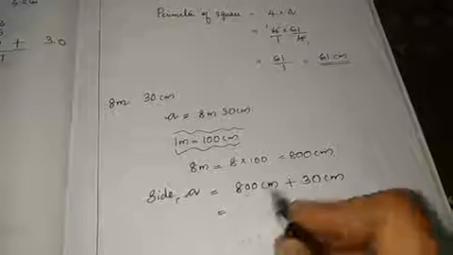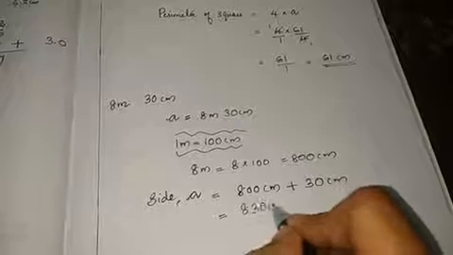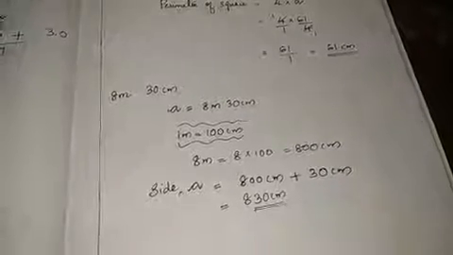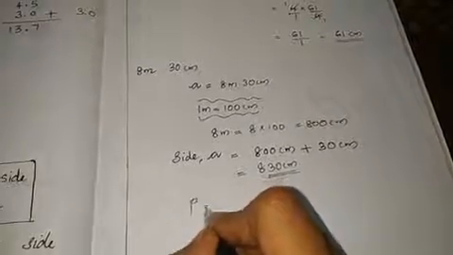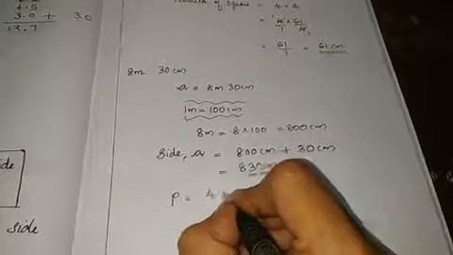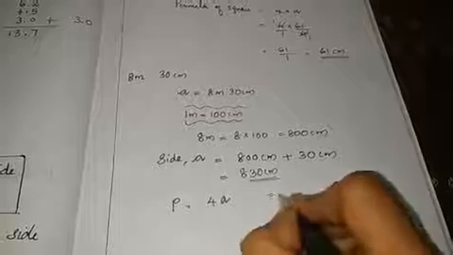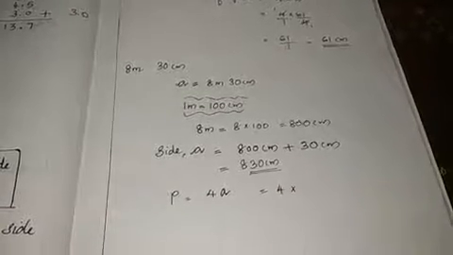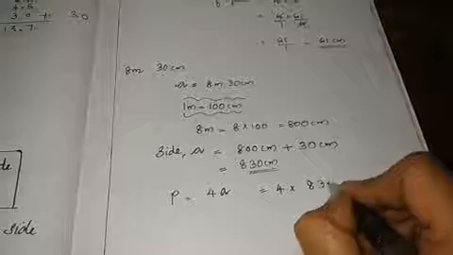So 830 is the side length now. Okay. Now we will find the perimeter of the square as P equal to 4 into A. 4 into, what is A now? 830.